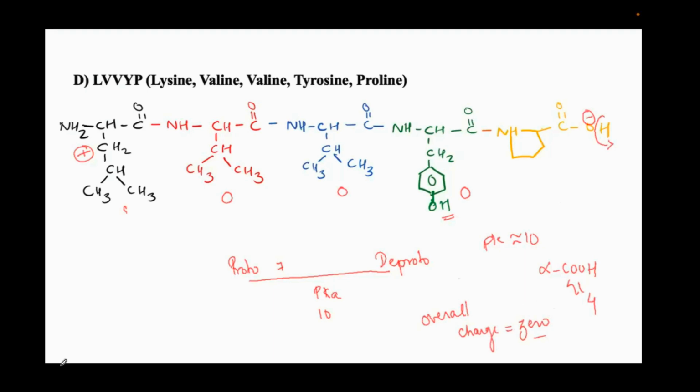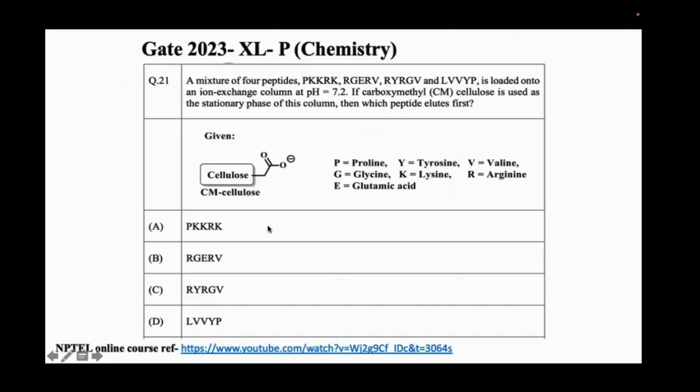So coming back to our question, for option A, we got +4 as the overall charge. For option B, we got +1. For option C, we got +2. And finally, option D, which we did now, has a 0 charge.